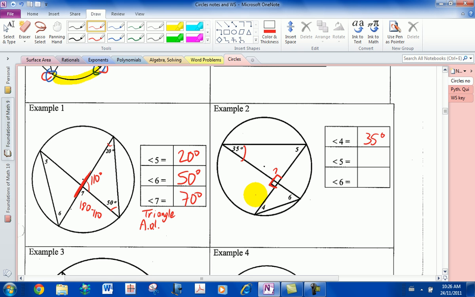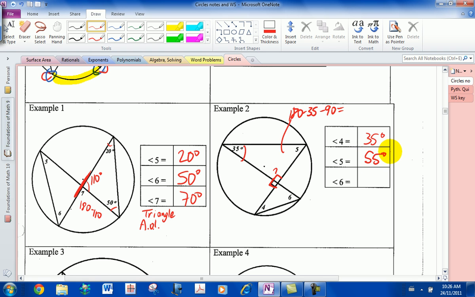Michaela, what is it? 180 minus 35 minus 90. 55 degrees? Yep, 55 degrees.